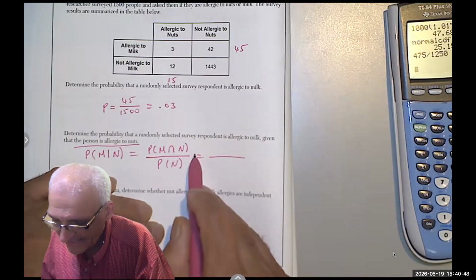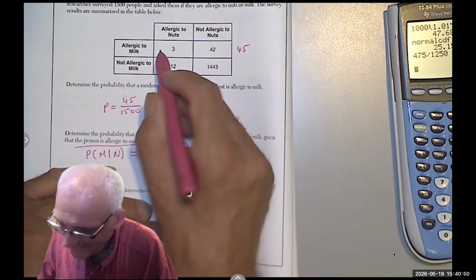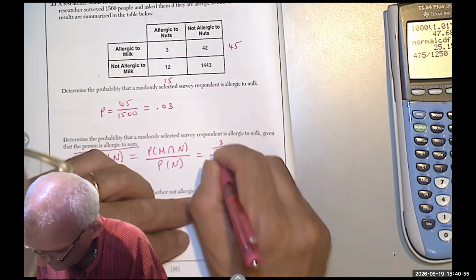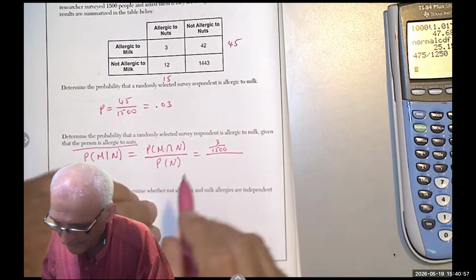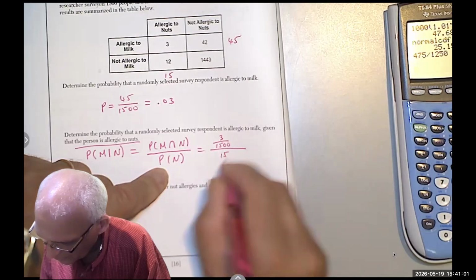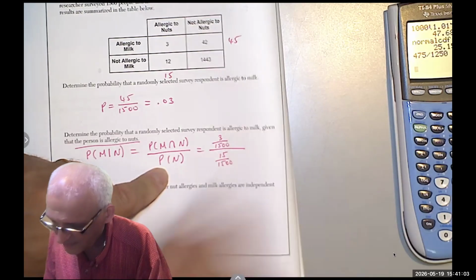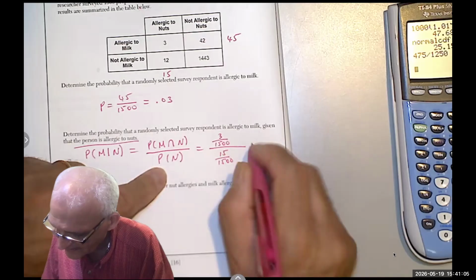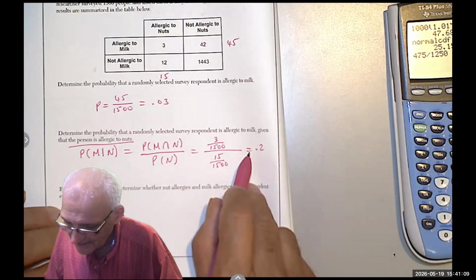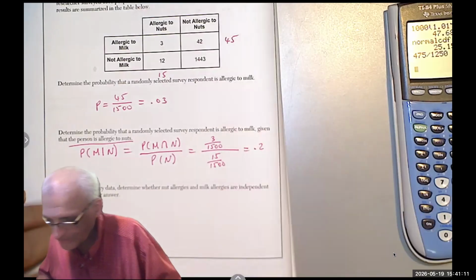Probability of M and N, meaning allergic to milk and nuts, is 3 divided by 1500. And the probability of nuts is 15 over 1500. These would cancel and you will get 0.2. Yeah, that's the probability.